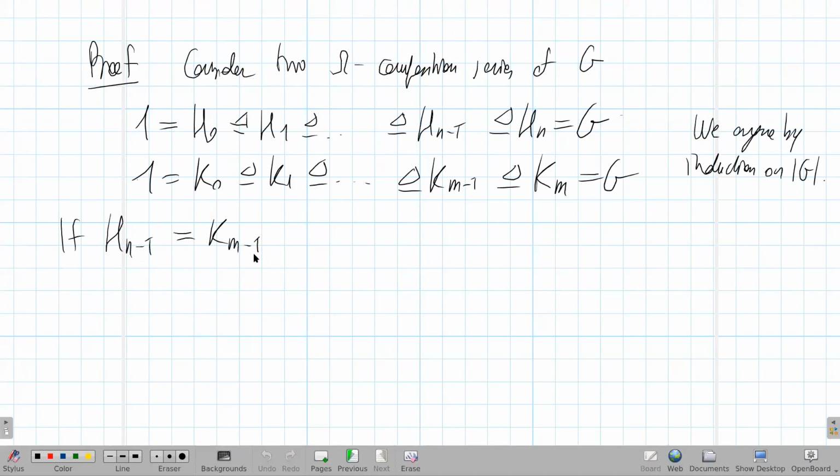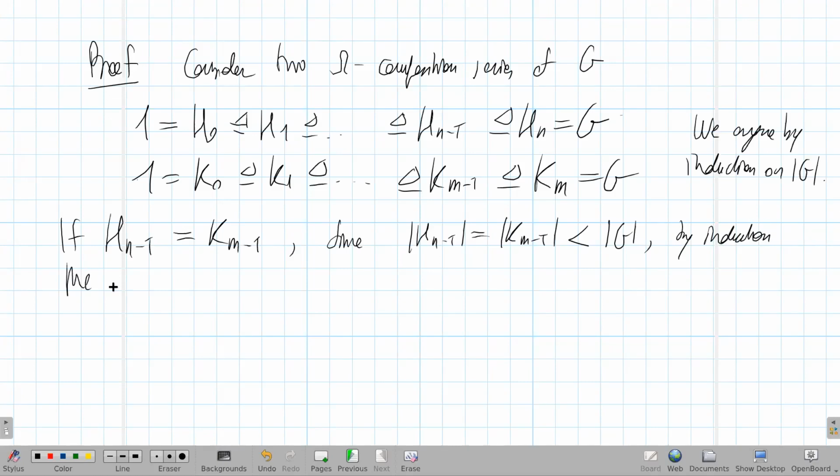So if this holds, note that since the terms are distinct, the order of Hn-1, which in this case is equal to that of Kn-1, just because I assume this, is less than the order of G. By induction, the assumption holds.